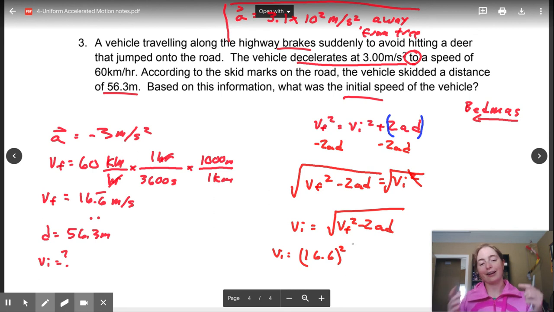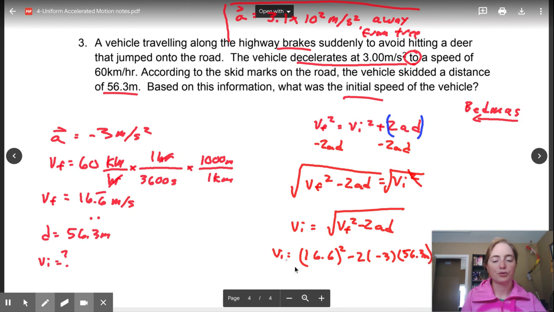Just use the whole 666 repeating, minus 2 times your A, which is negative 3, and then you have the displacement, which is your 56.3 meters.